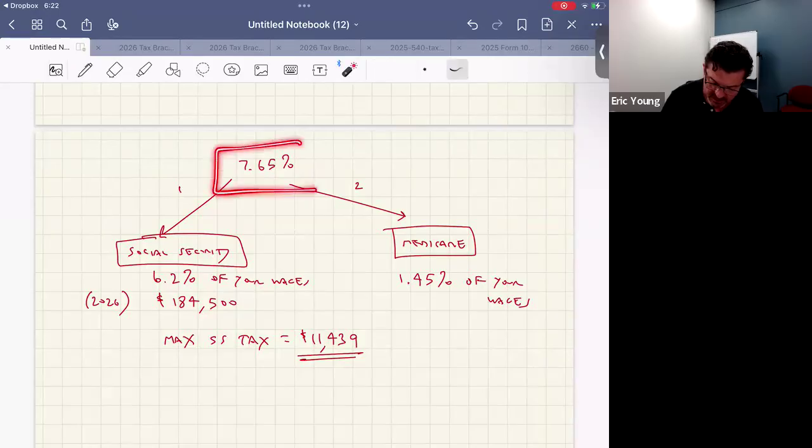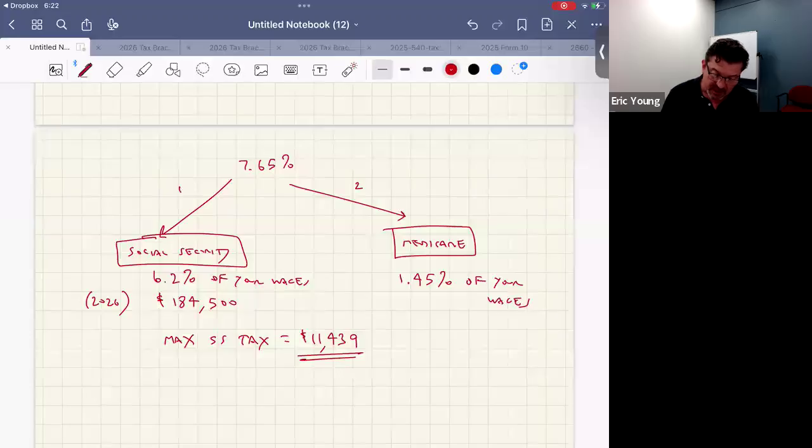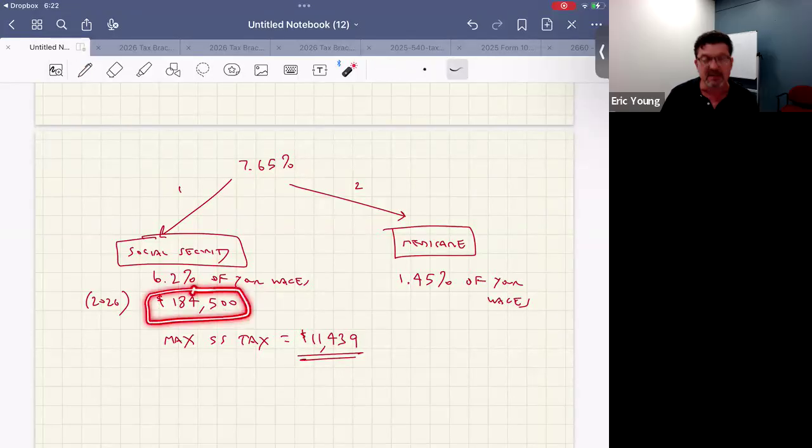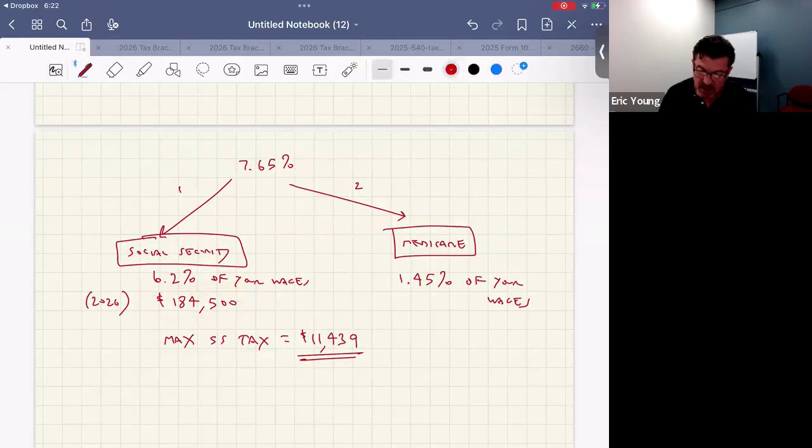That's how together we get the 7.65. Okay, now here's the thing. Whereas Social Security has this upper limit above which none of your income is subject to Social Security taxes, Medicare taxes have no upper limit.